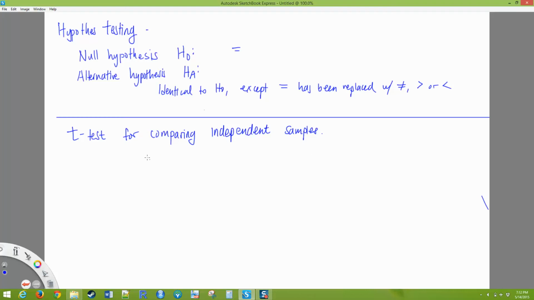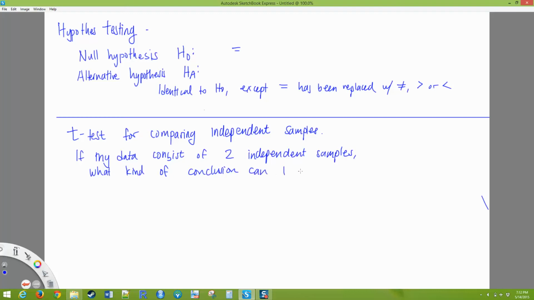And the idea behind today's t-test is that we want to know, if my data consists of two independent samples, what kind of conclusion can I make about their respective populations?